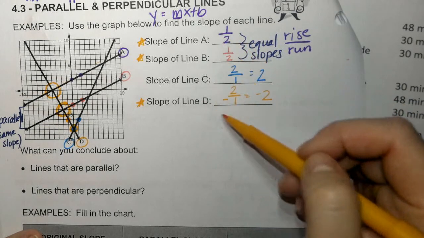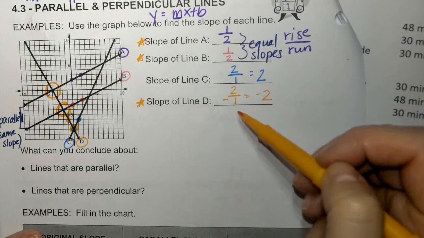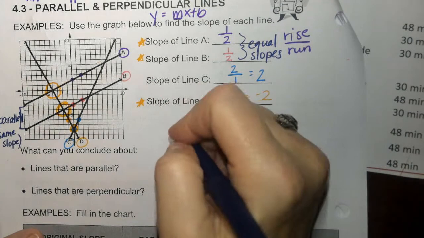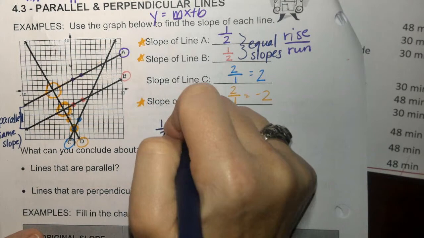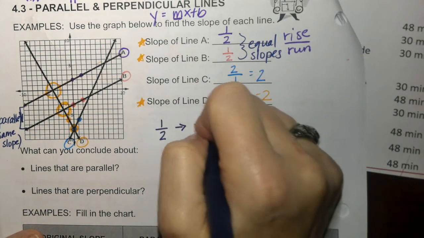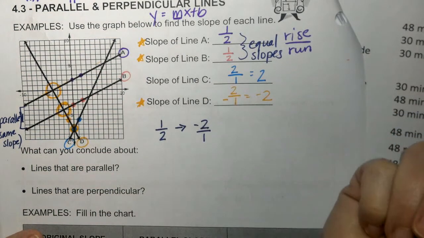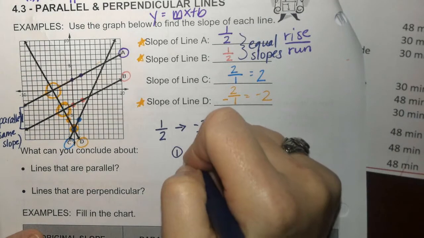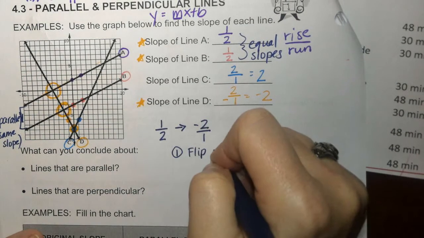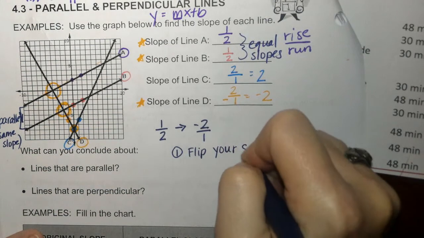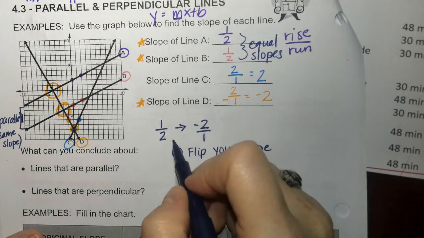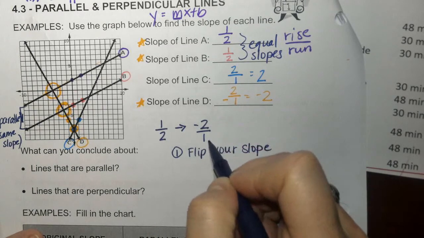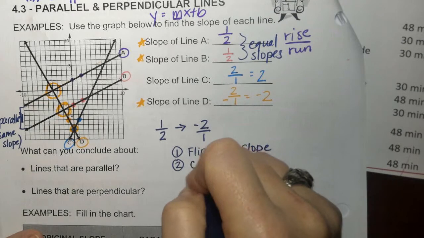So what do you notice about those numbers? So it goes from 1/2, and then we're going to compare that to -2/1. The first thing we know that it does is that you flip your slope. So they flipped it. This was the original slope. It flipped and became 2/1, and then change your sign.